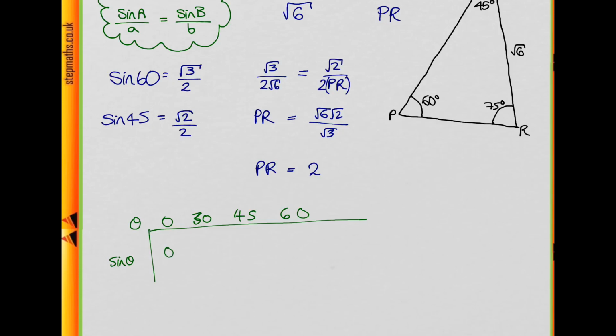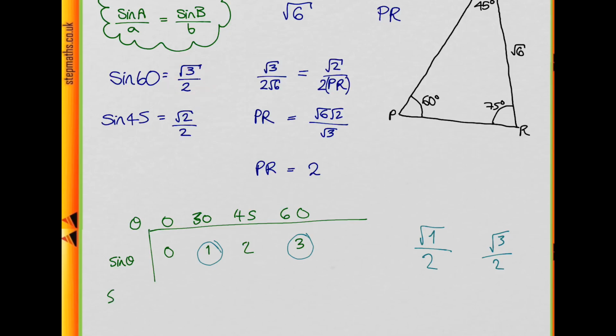If we just put 0, 1, 2, 3 in here, then to find out what the sine is, say we wanted to find the sine of 30, we take whatever's there, we square root it, and we divide by 2. So for example, if we wanted to work out the sine of 60, we take the 3 there, we square root it, and we divide by 2, and you can see that that is the sine of 60.